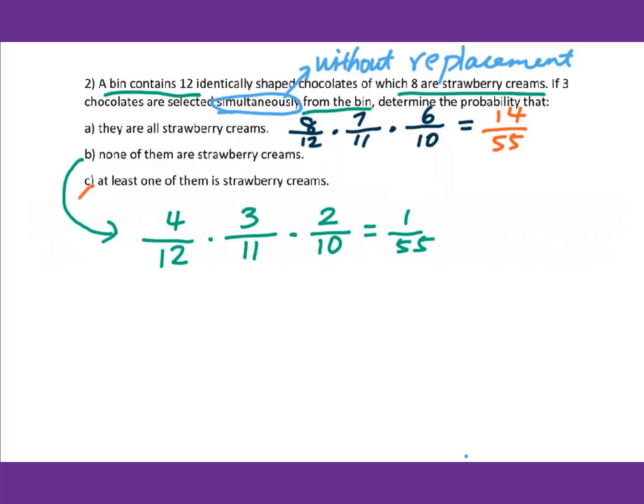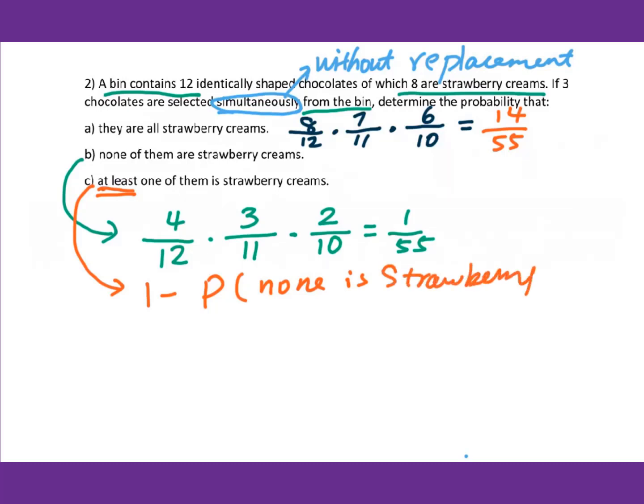Now let's go to C. At least one of them is a strawberry cream. When we're working on probability with at least, you have to do 1 minus the probability that none of them is strawberry cream.